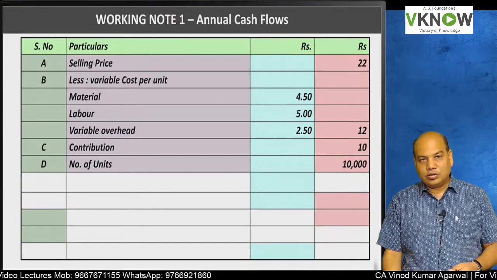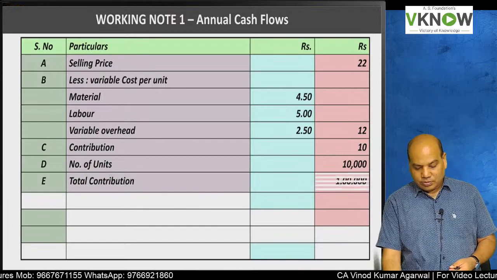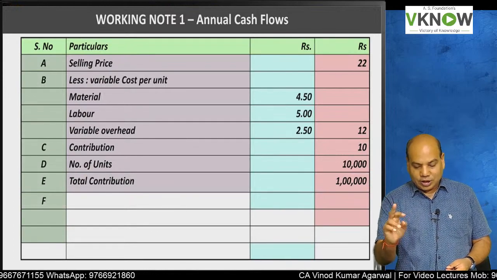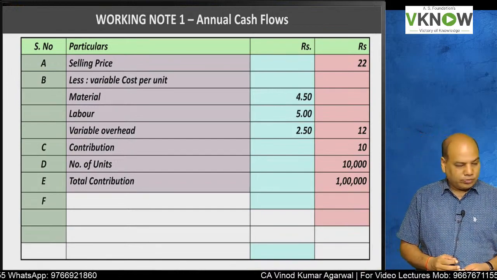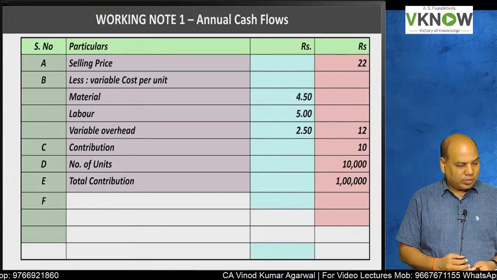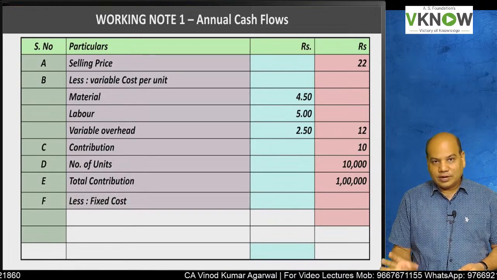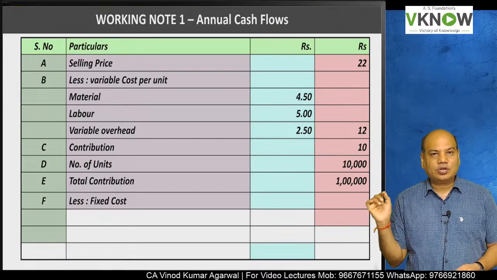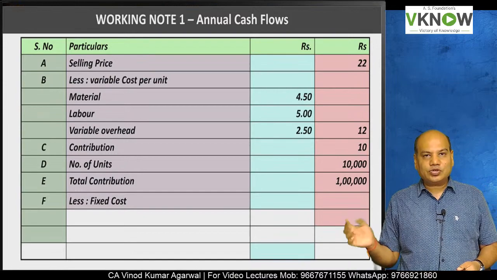Number of units sold 10,000, but I need to deduct fixed cost also. Point number E, write down total contribution. Total contribution would be 1 lakh. Now out of that 1 lakh we will deduct only relevant fixed cost, only incremental relevant fixed cost.